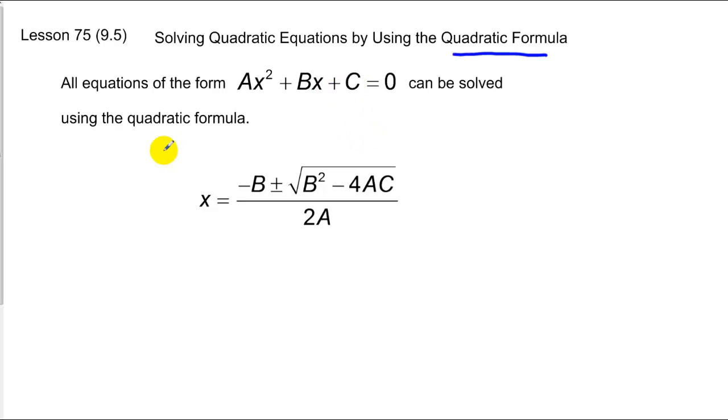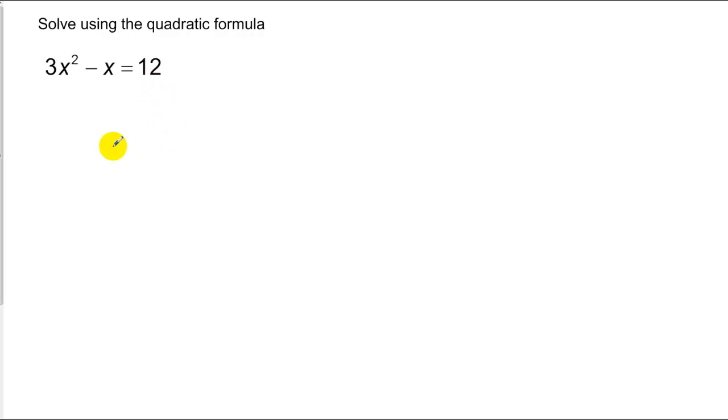And the quadratic formula states that the value of x is equal to the opposite of b plus or minus the square root of b squared minus 4 times a times c, all over 2a. So the first thing we'd have to do in a situation like this is make sure the quadratic is equal to 0.